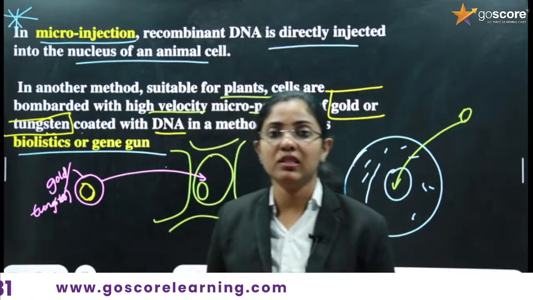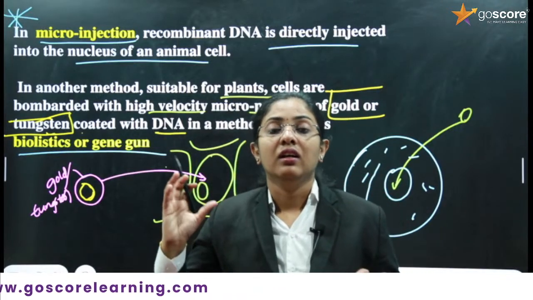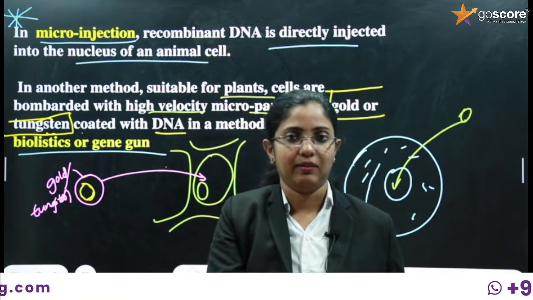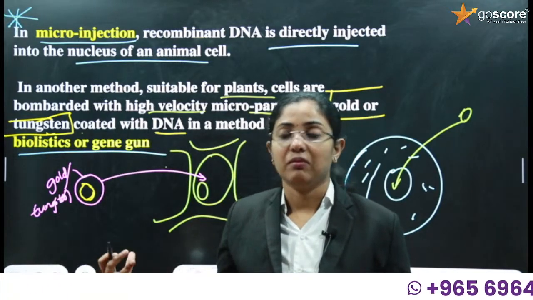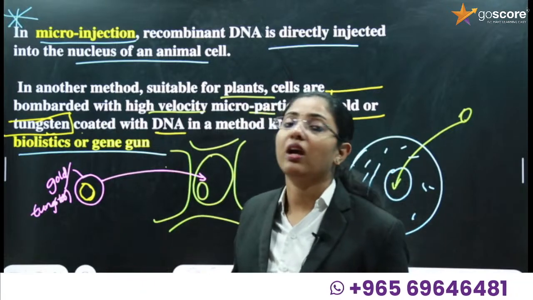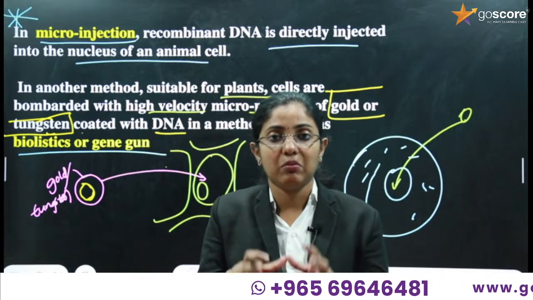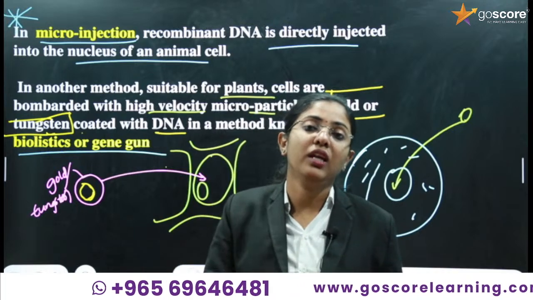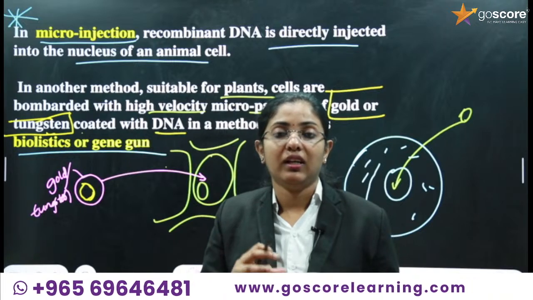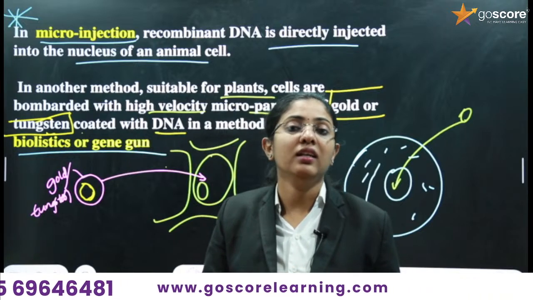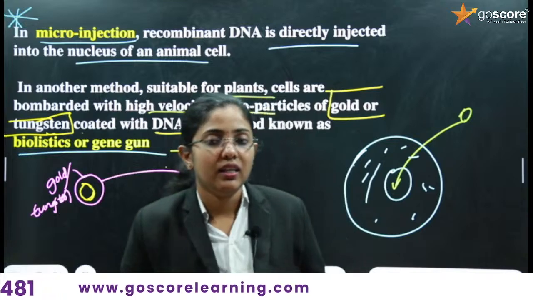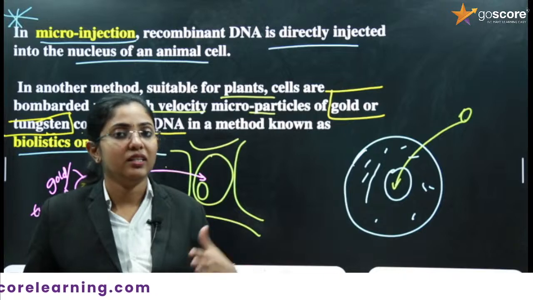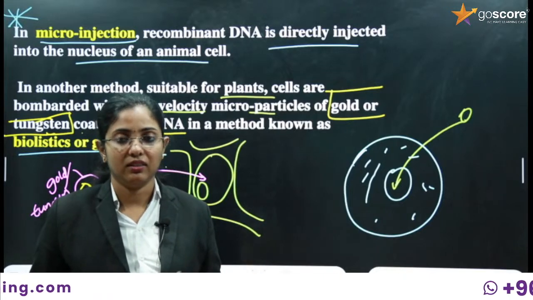First was microinjection, where the recombinant DNA is directly injected into the nucleus of the animal cell, whereas in the second, the gene gun or biolistic method, the plant cell is directly bombarded with tungsten or gold coated DNA. That is how recombinant DNA is introduced into both plant and animal cells.